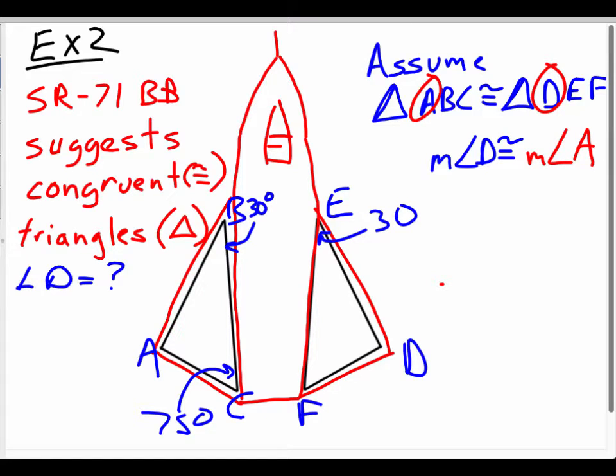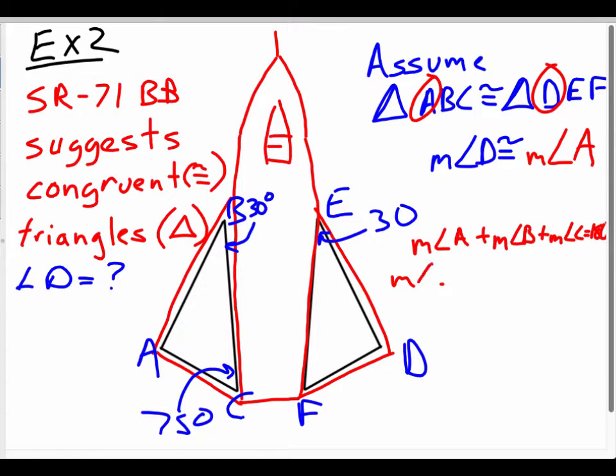So now what do I need to do to find the measure of angle A? Well, what is the sum of the angles in triangle ABC equal to? 180. So the measure of angle A plus the measure of angle B plus the measure of angle C should equal 180, right?